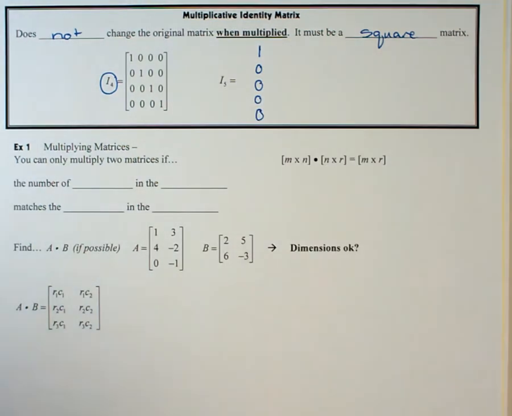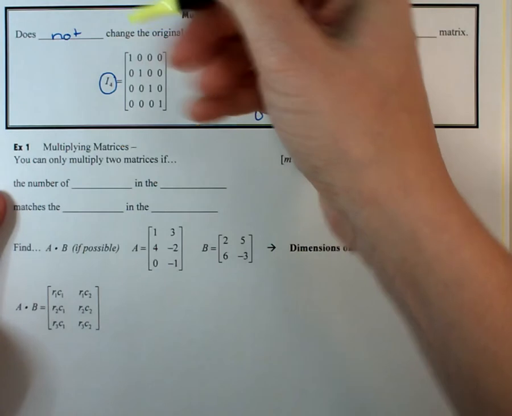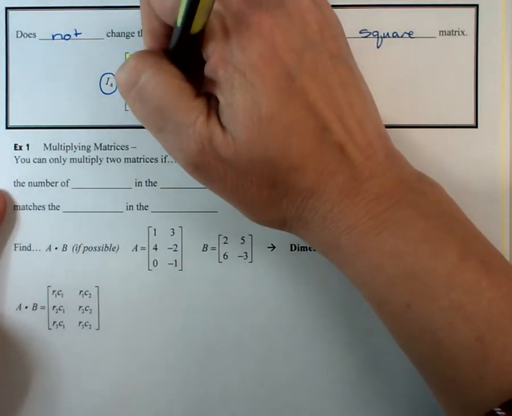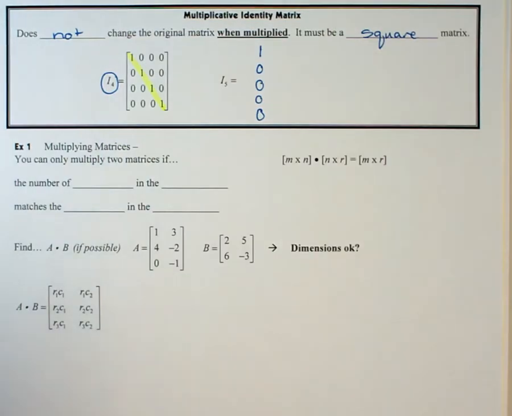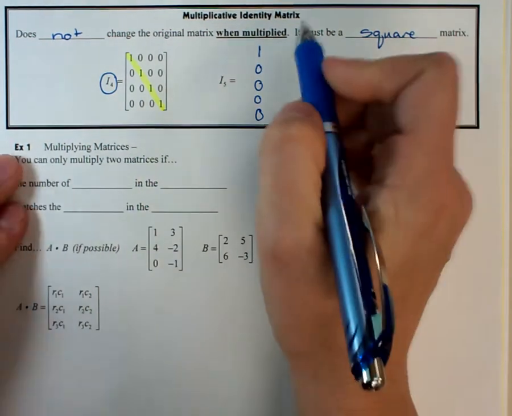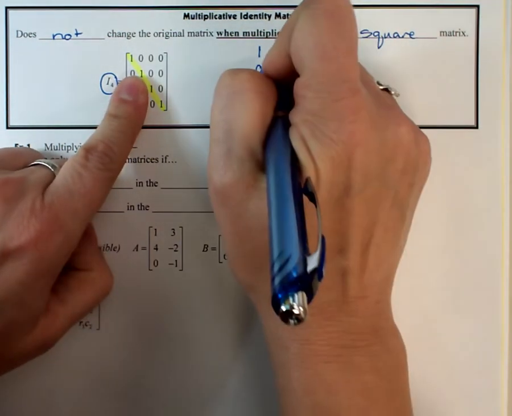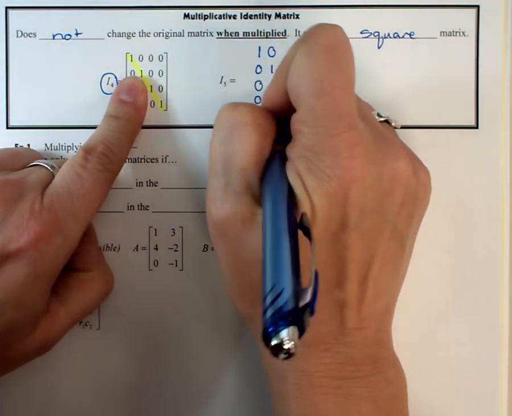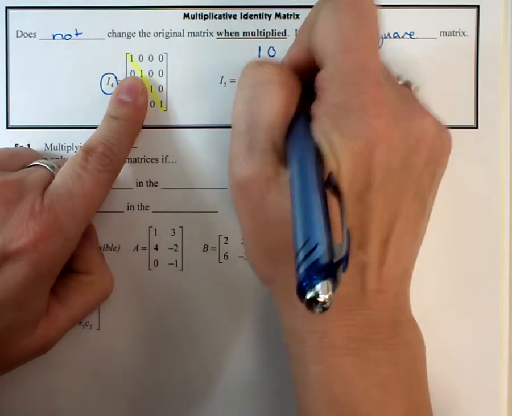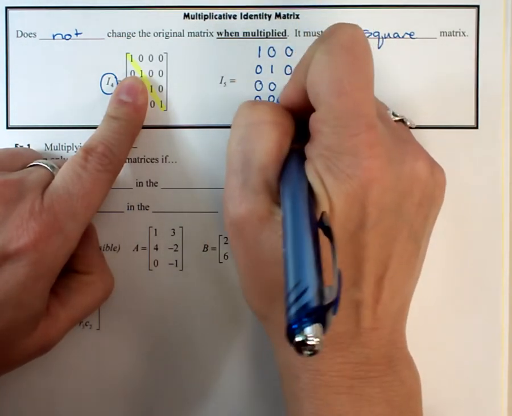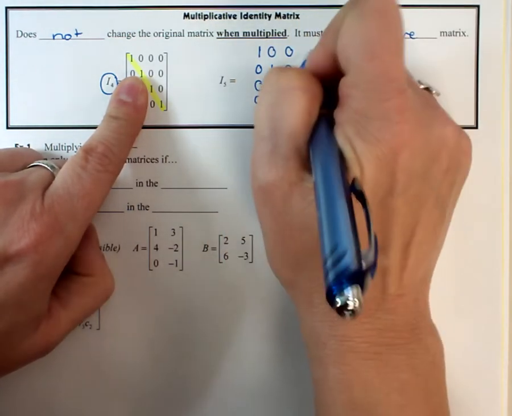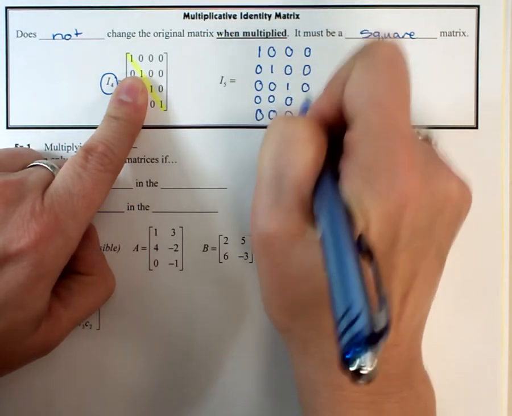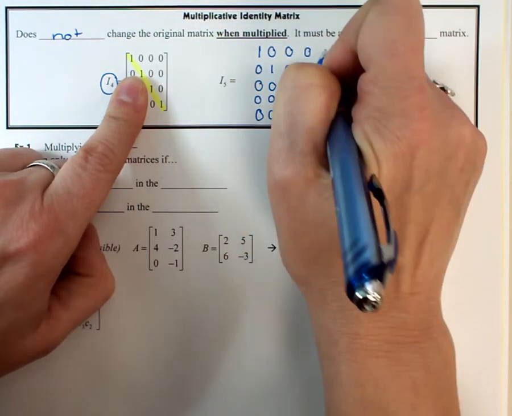Because what we're noticing when we look at that multiplicative identity matrix is that there are these 1s all the way down this diagonal, and then everything else is zeros. So I'm just going to follow that pattern. So now I'm going to have a 0 and a 1 and fill in the rest zeros. And then a 0 and a 0 and a 1 and then zeros. And then a 0 and a 0 and a 0 and a 1 and a 0. And then our last one.